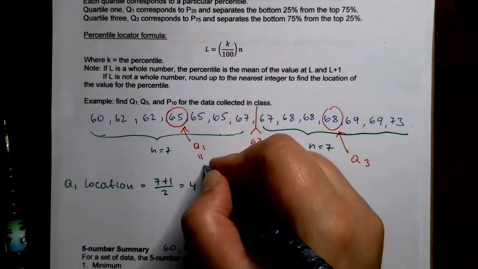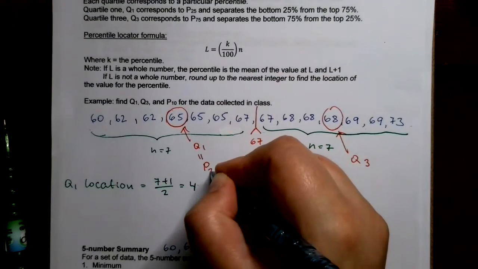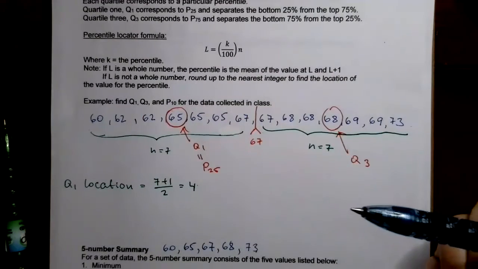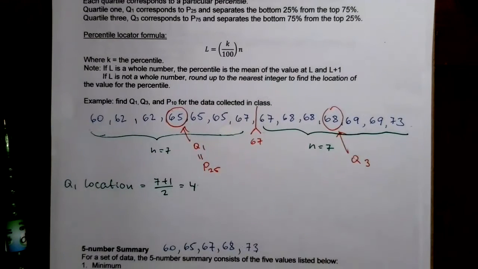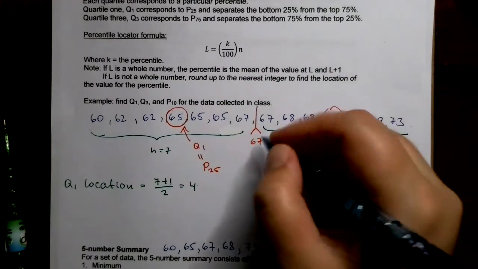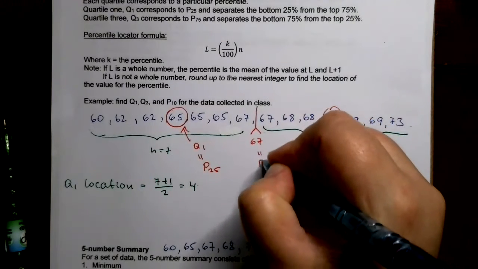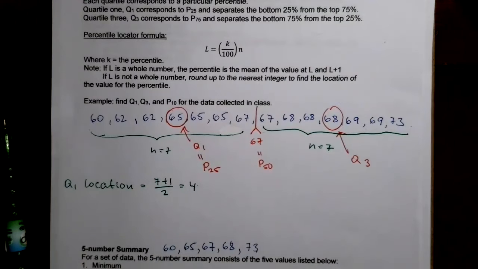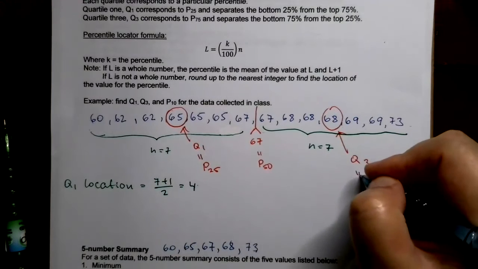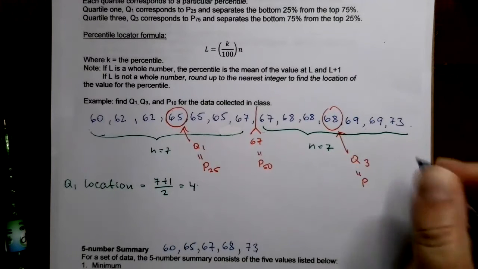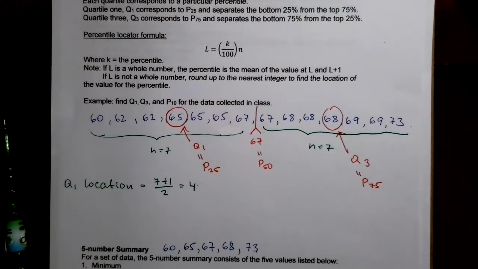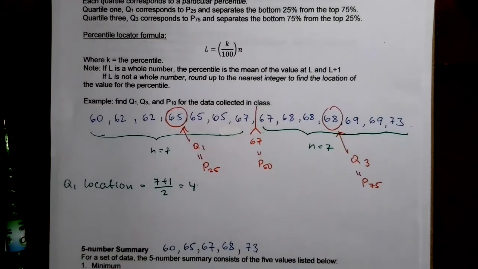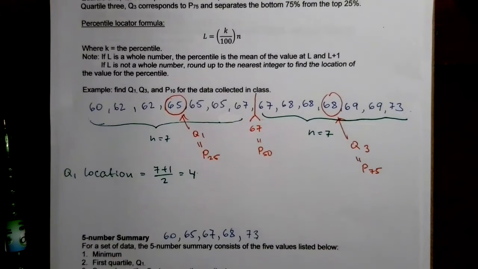So Q1 is actually percentile 25, meaning that it separates the bottom 25% of your data values from the rest. Your median is percentile 50, so 50% below and 50% above, and your Q3 is percentile 75, so 75% of data below and 25% above, just like I mentioned before.